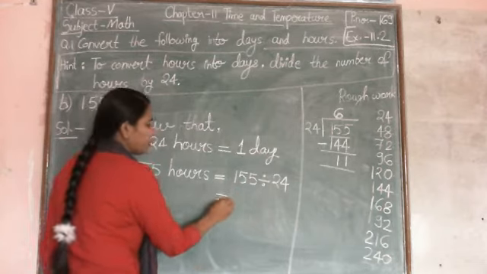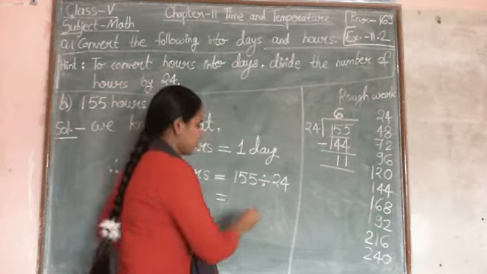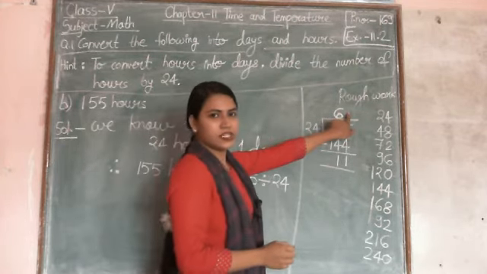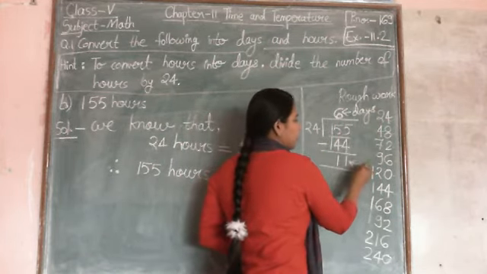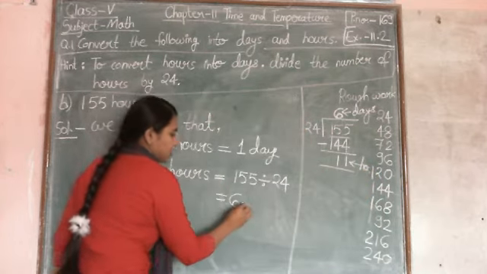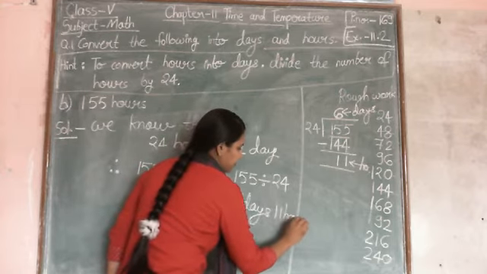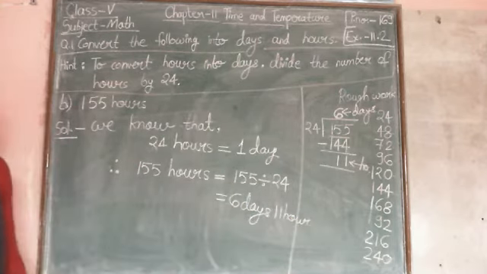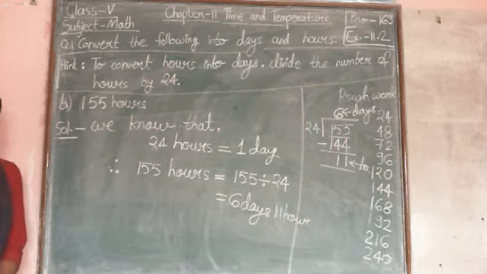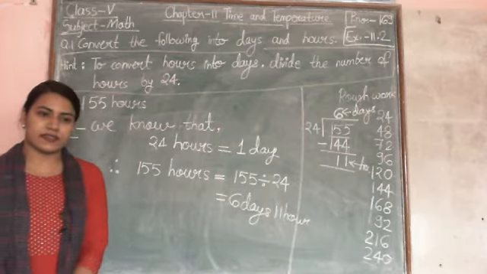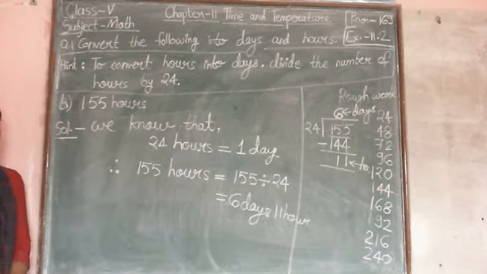We have already performed the division, so after division we get 6 in the quotient part, which shows days, and the remainder shows hours. So 6 days 11 hours is your answer. 155 hours is equal to 6 days 11 hours. Take a screenshot of the solution.